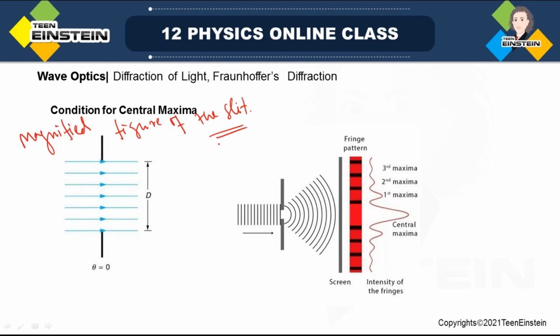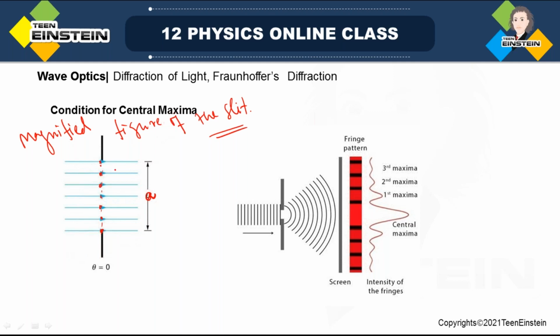Look, suppose the width of the slit, let us take as A. So there will be a plane wavefront over here, and since the parallel rays are there, each point on the slit will be acting as a source for the secondary wavelets.